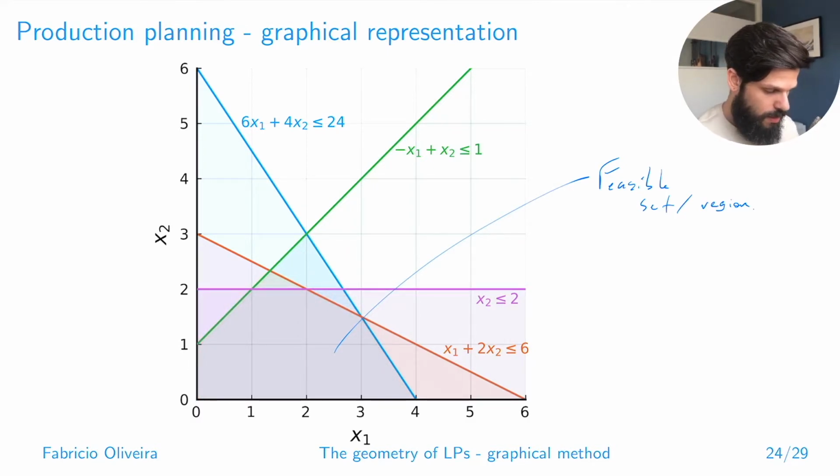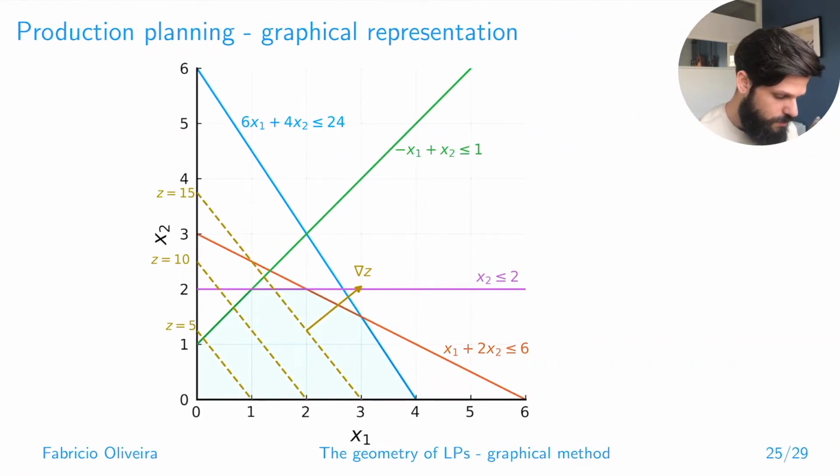But if we stare long enough into this picture and take into account our objective function, we start to notice something very peculiar about finding what would be the optimal production plan for this problem. And this is related to the fact that our objective function was given by something that looks like so, which in our case was 5x1 plus 4x2.